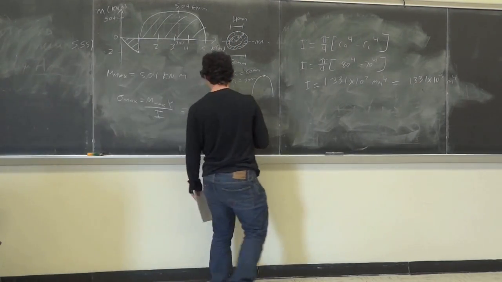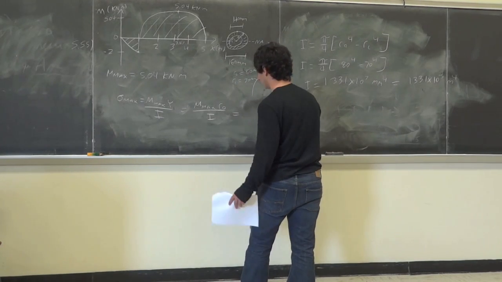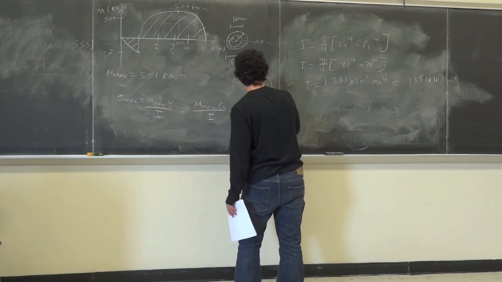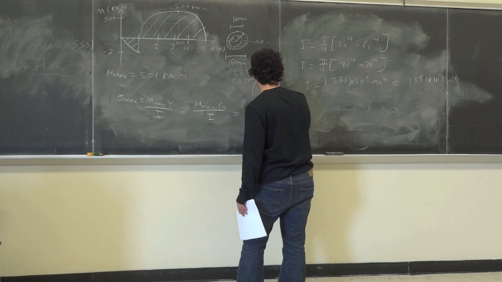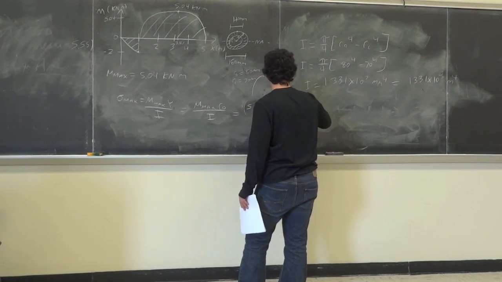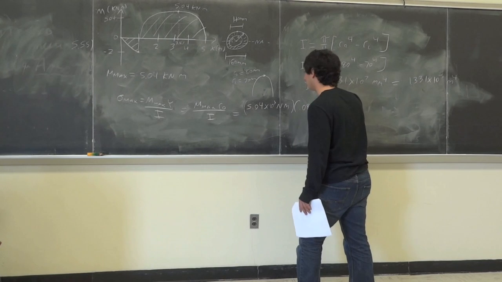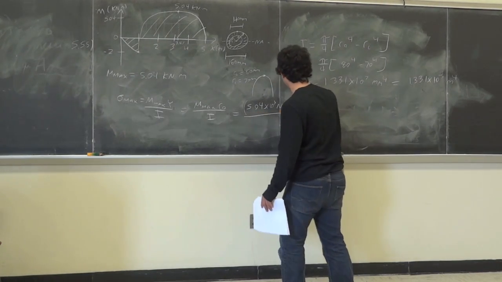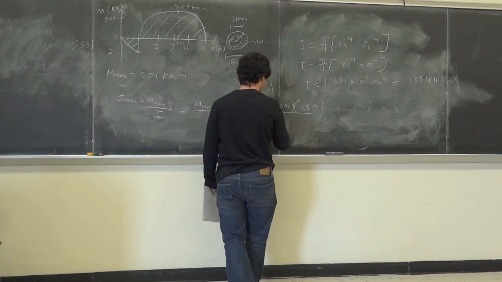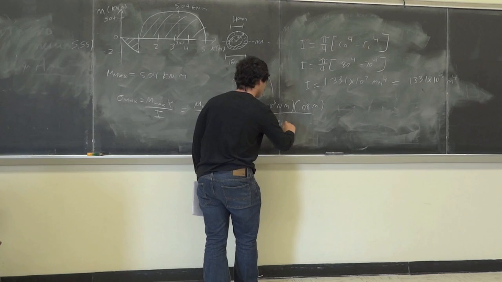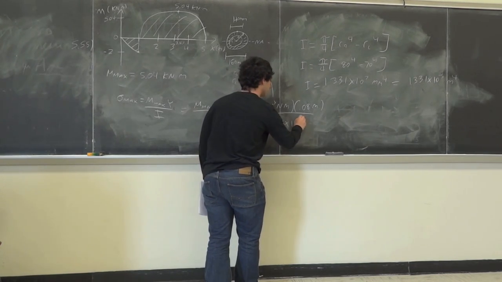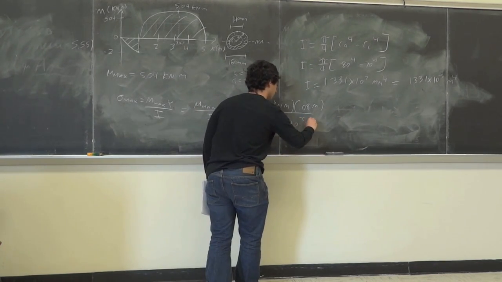So you got M max is equal to 5.04 times 10 to the third Newton meters, multiplied by R naught, which is 0.08 meters, all over the total moment of inertia, which is 1.331 times 10 to the negative fifth meters to the fourth.